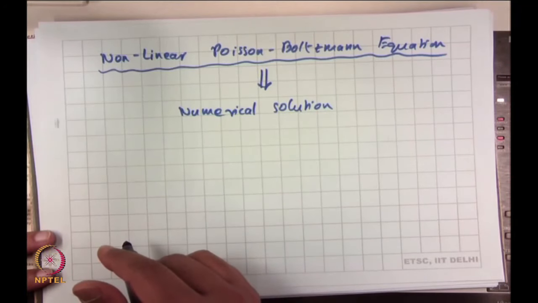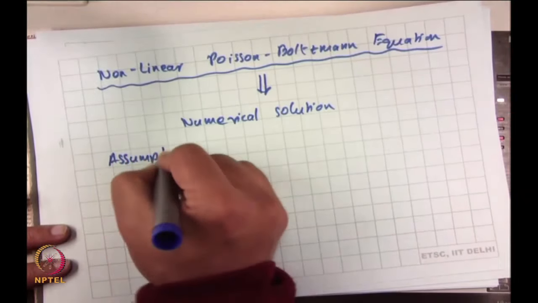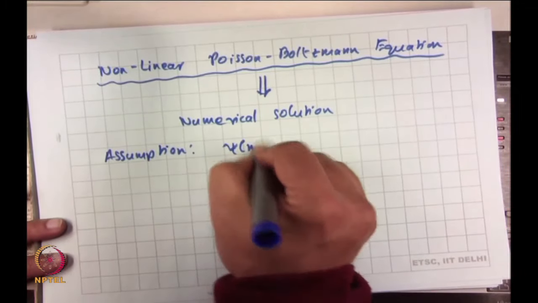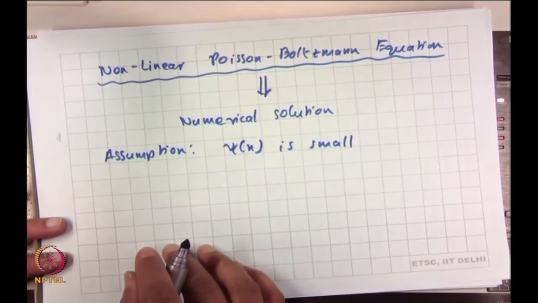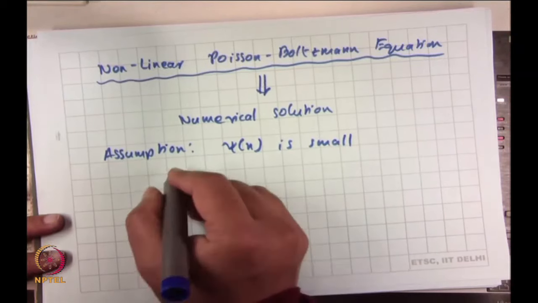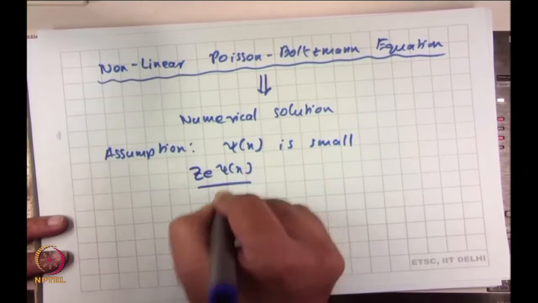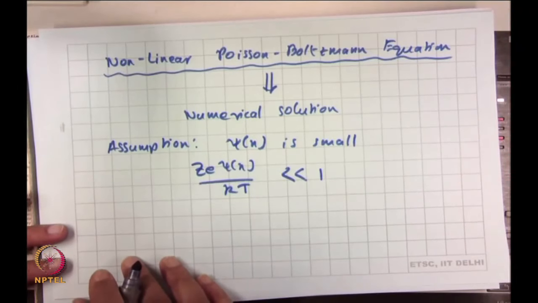What we will do is make an assumption: that psi of x is small, that is, the electrostatic effect is small. If that is the case, then Z e psi of x over k T is much less than 1.